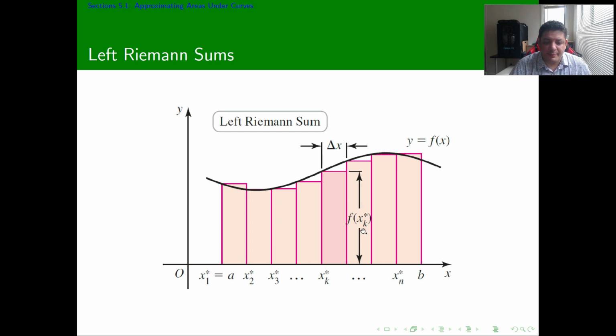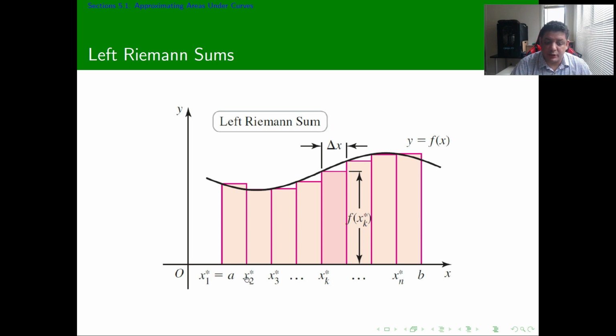So what happens here? In our partition, notice that we're always going to consider the point for the height to be the left side of the partition. So for this particular Riemann sum, we're taking the height of the left end of each of the partition intervals. So here we're taking x1, and the height of the first rectangle is given by that point.